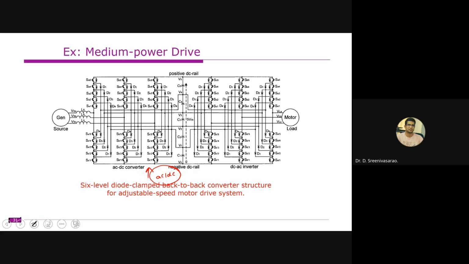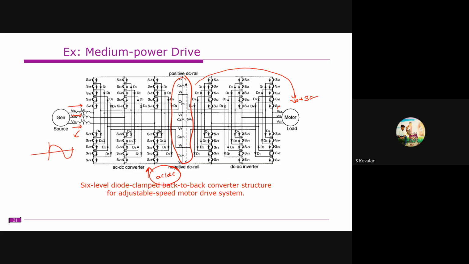What we have to see is the currents it is drawing. We can make these currents pure sinusoidal, and at the same time we can maintain the DC link capacitor voltage. On the other side, if you control it properly, we can make these voltages sinusoidal.